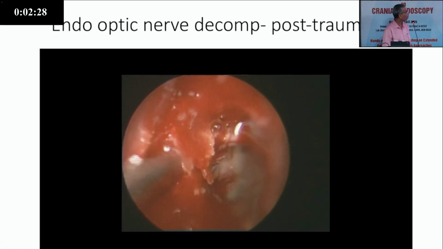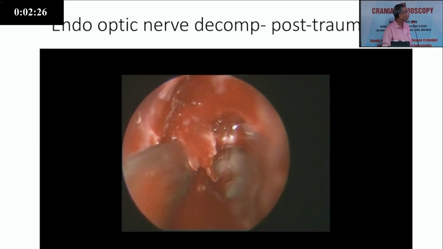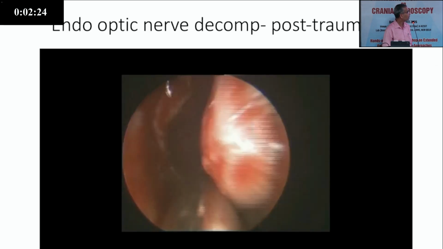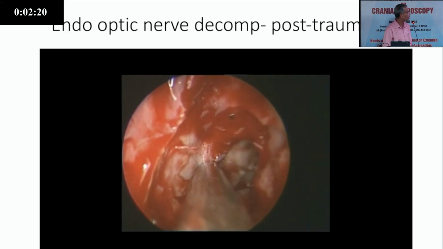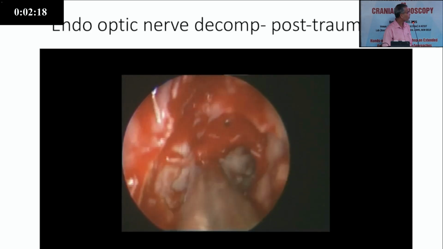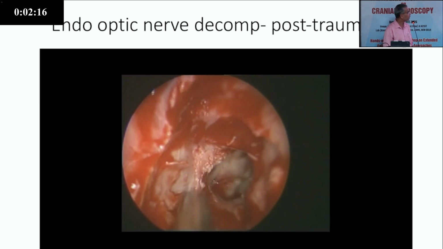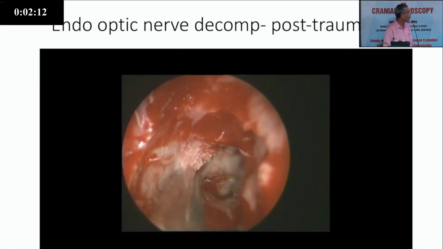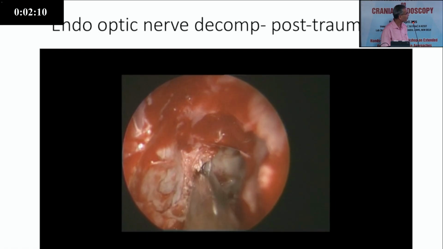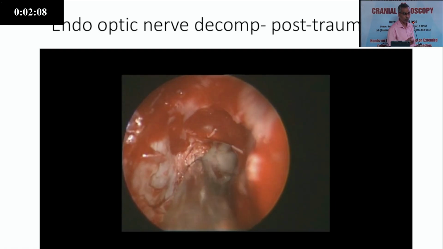So part of the lamina can be taken out with the elevator itself. And this is the bone which I was talking about, quite thick. You can use the bone nibbler, bone punch.